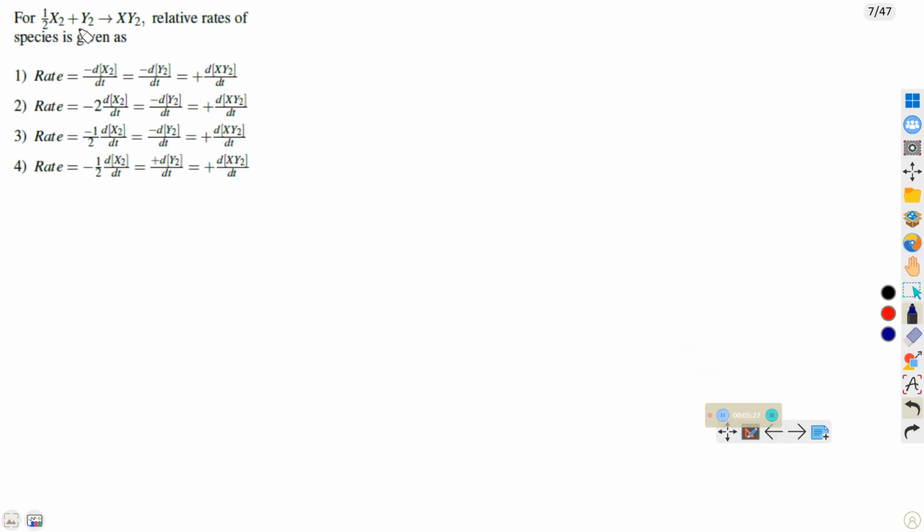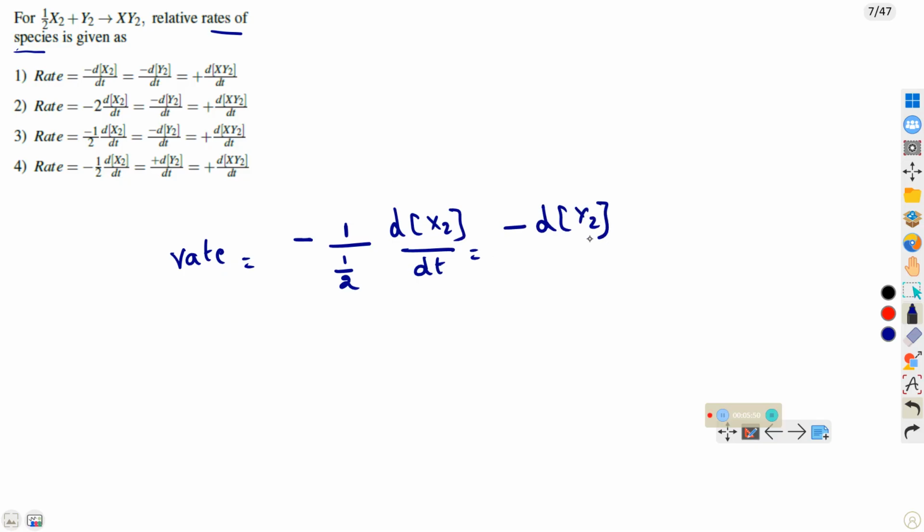For the reaction 1/2 X2 plus Y2 gives XY2, the relative rates of species: rate is equal to minus 1 by 1/2 dX2/dt is equal to minus dY2/dt is equal to plus dXY2/dt.